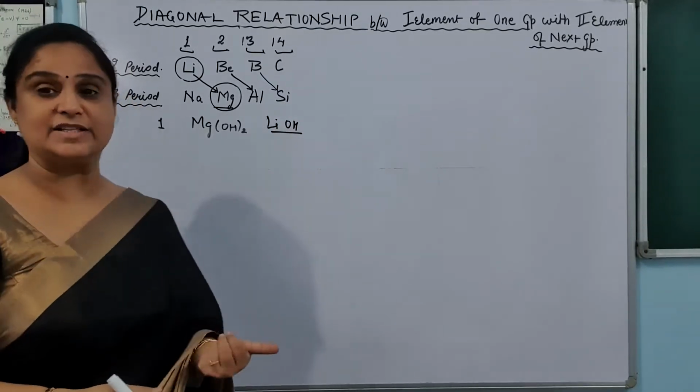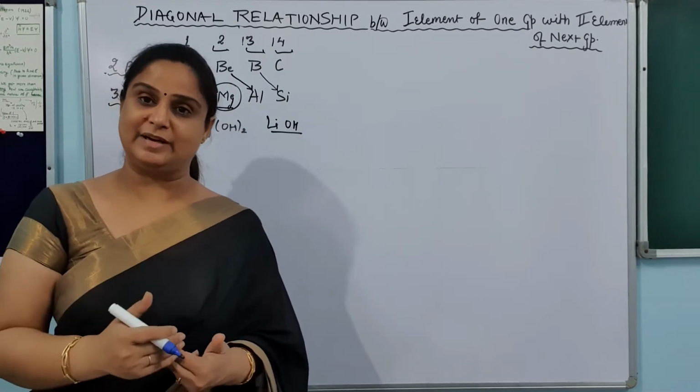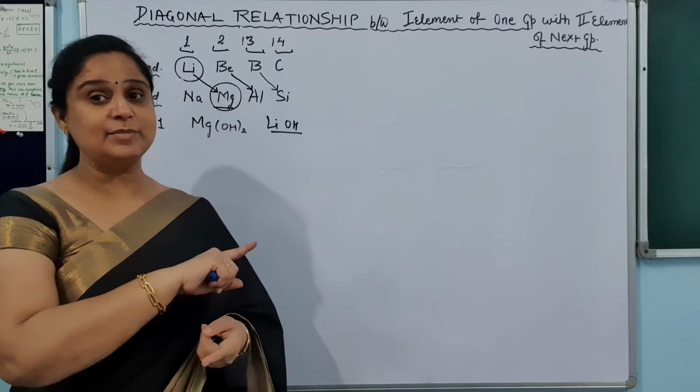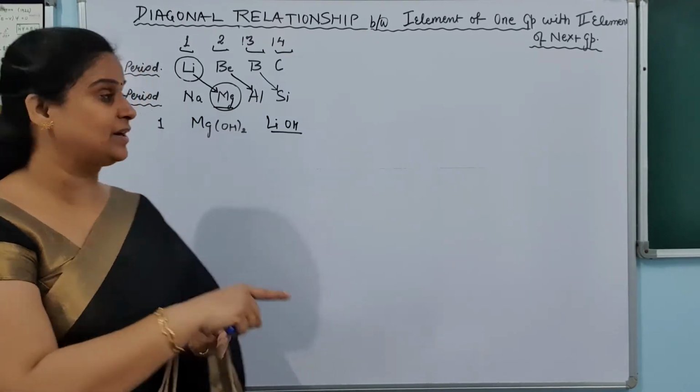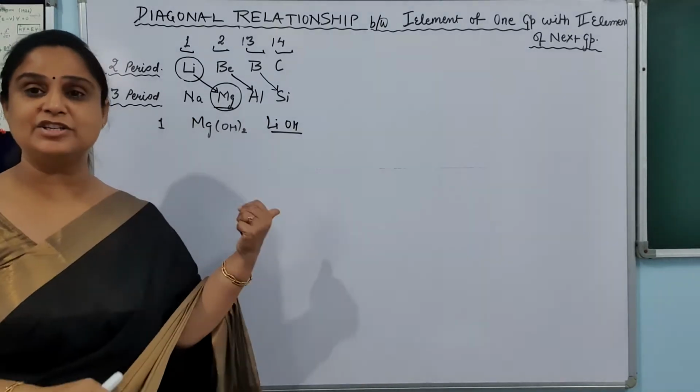We learnt in the last video that the hydroxides of the first group elements, that is sodium hydroxide and potassium hydroxide, are all strong bases. Lithium hydroxide was a weak base, and this property resembles magnesium hydroxide.